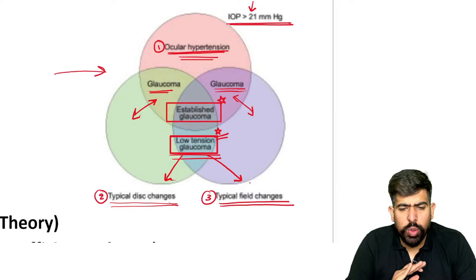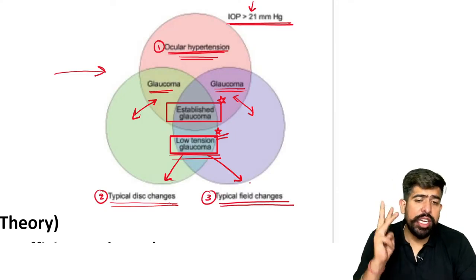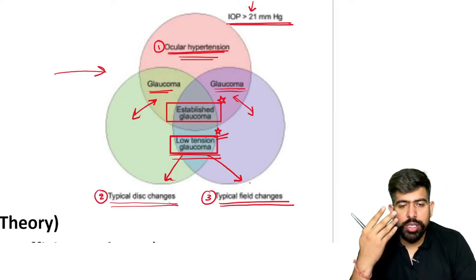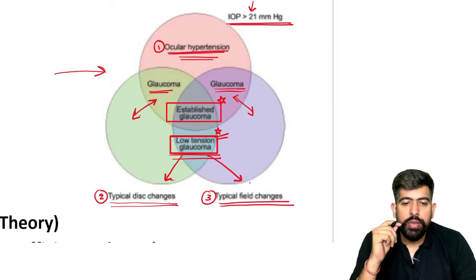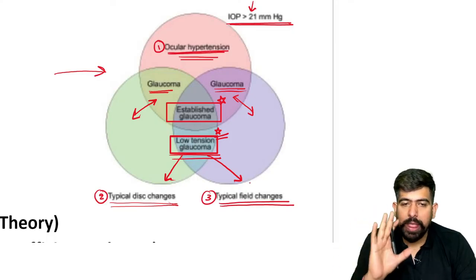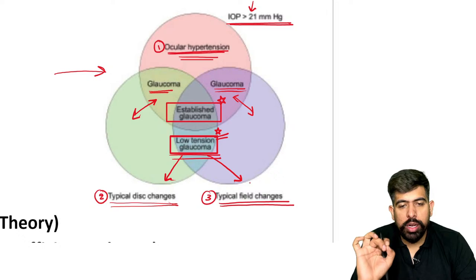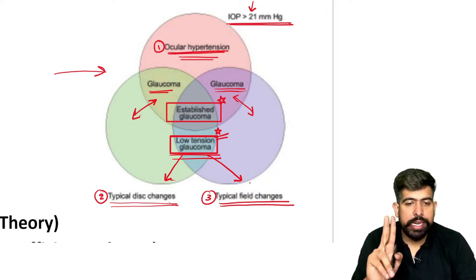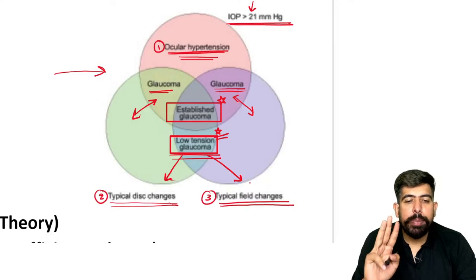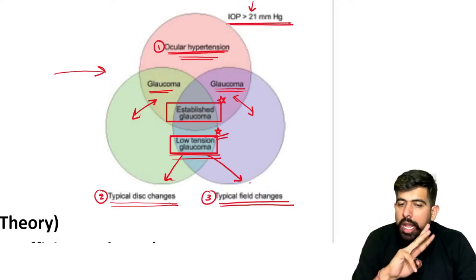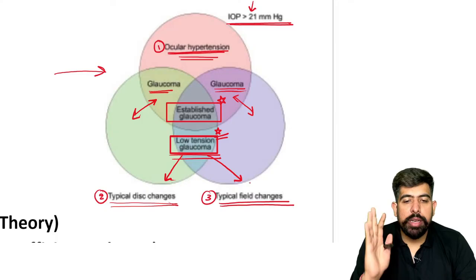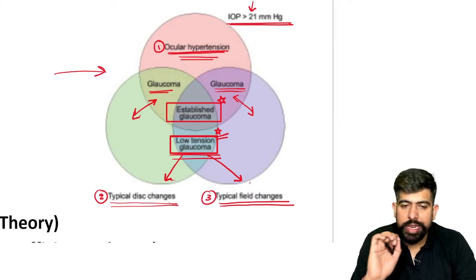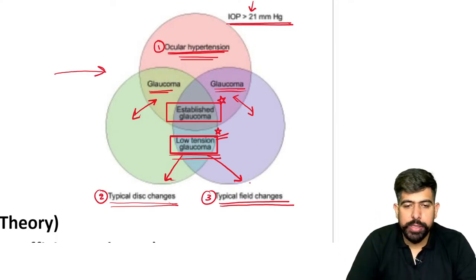So I think it is totally clear to you. There are three features we have to talk about: ocular hypertension first, typical disc changes second, and typical visual field changes third. If all three are there, it is established glaucoma, and we understand that it is 100% glaucoma.